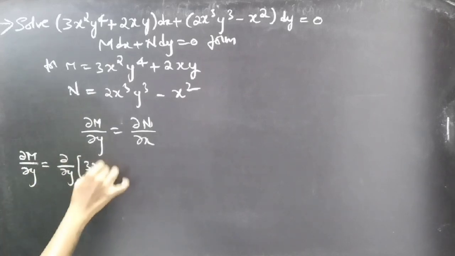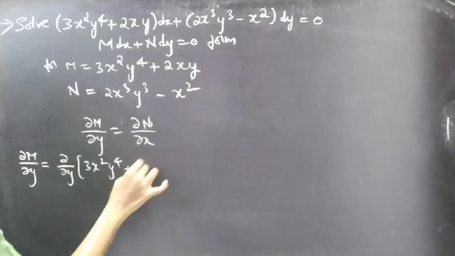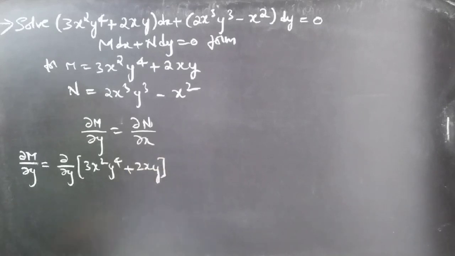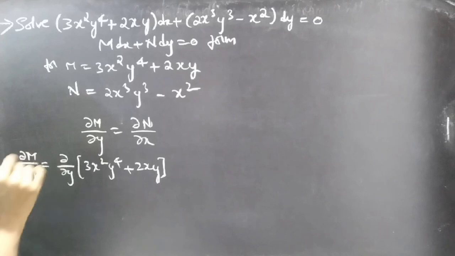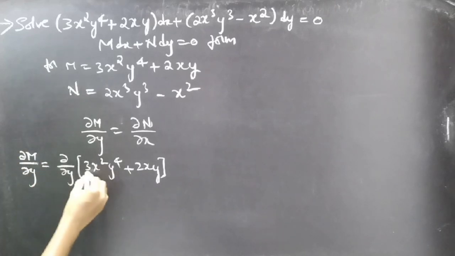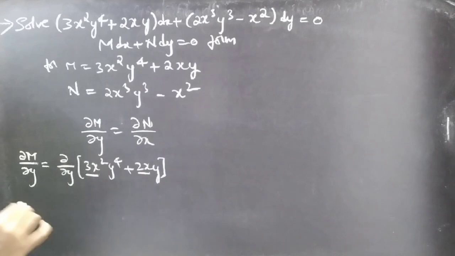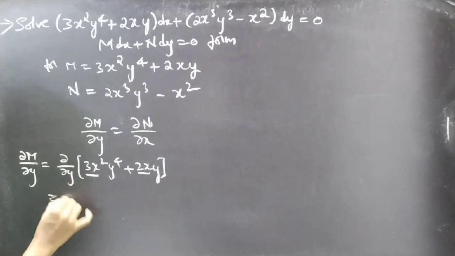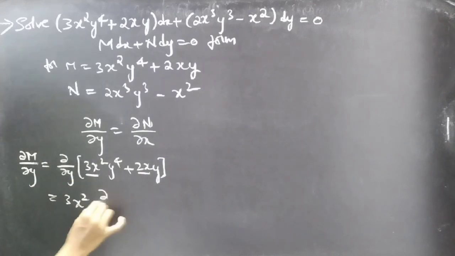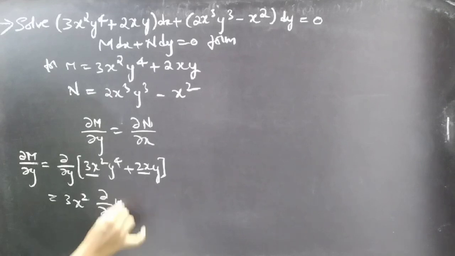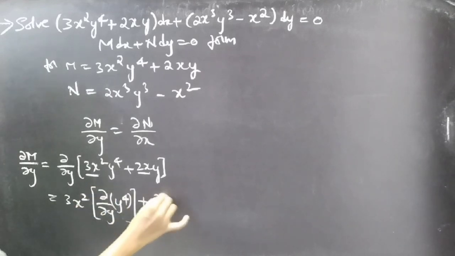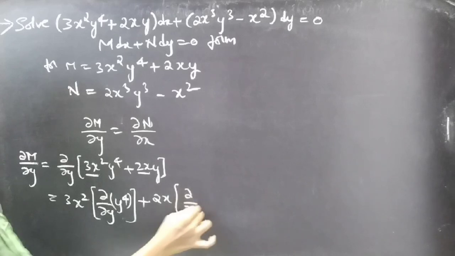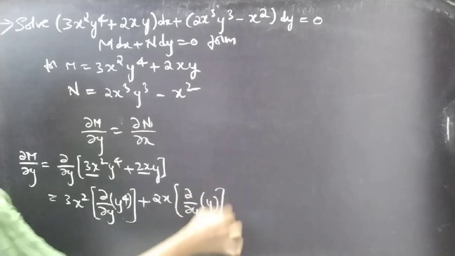We have M = 3x²y⁴ + 2xy, right? So here we need to find the partial derivative with respect to y, so we'll treat x as constant. In the first term 3x² is constant, and in the second term 2x is constant. So we can write this as 3x² times the partial derivative of y⁴ with respect to y, plus 2x times the partial derivative of y with respect to y.